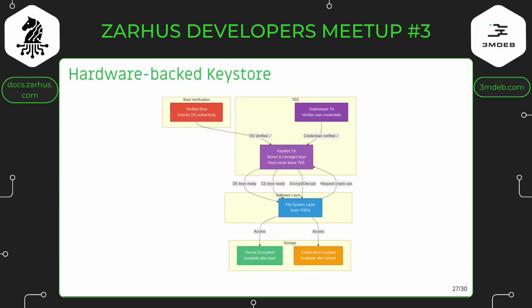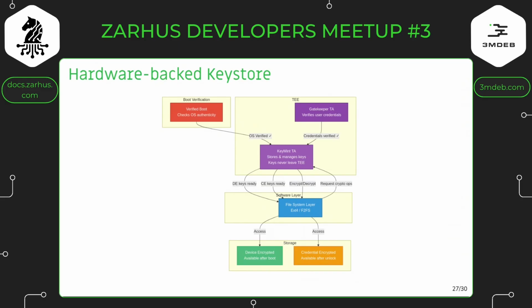So, a quick look at the hardware-backed keystore. As we already know, we have two ways of storing the encrypted files: device encrypted and credentials encrypted. And of course, trusted applications are involved in this process.